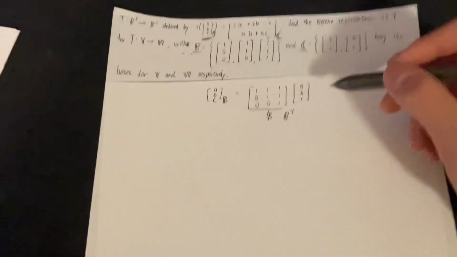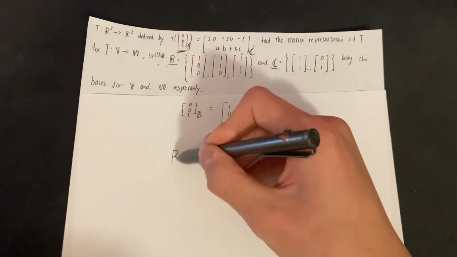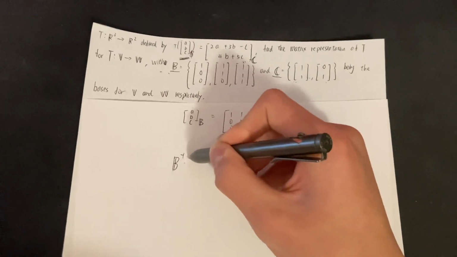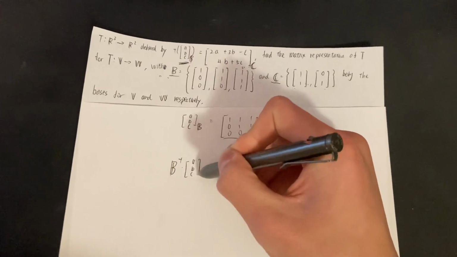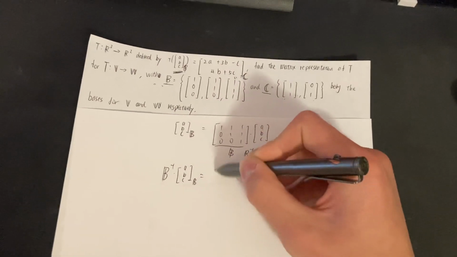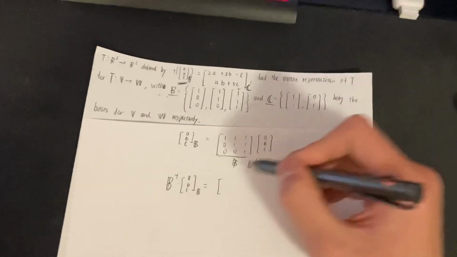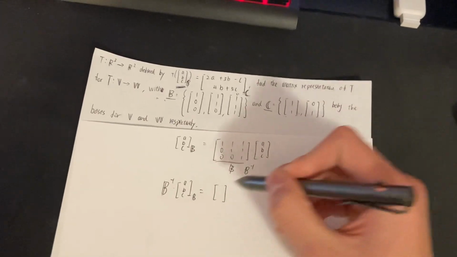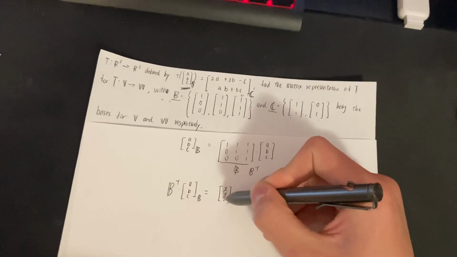It stands for the inverse. B inverse times ABC with respect to B gives you other coordinates. Let's see, x, y, z.